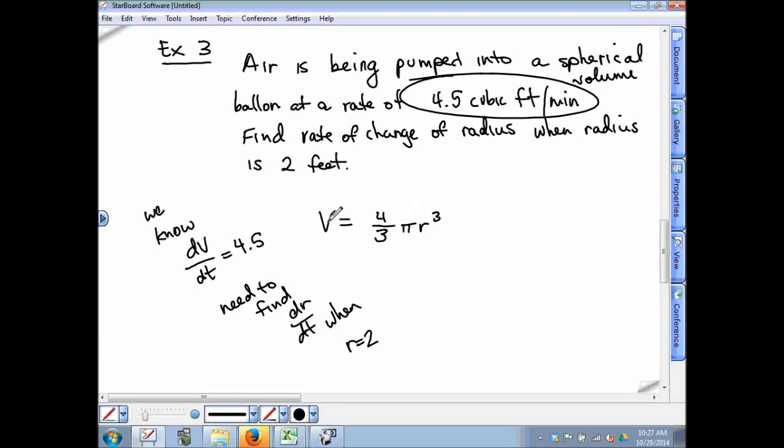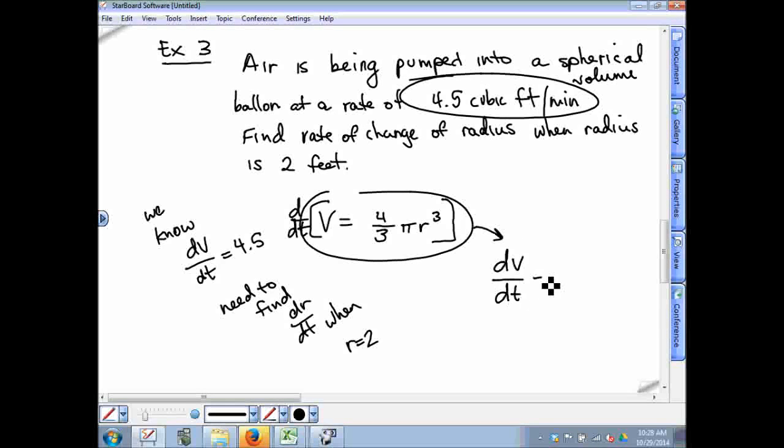So now we have to take the derivative. We need to take the whole derivative of that thing with respect to time. So it's going to be dV/dt. Remember, pi is not a variable, it's just a number.